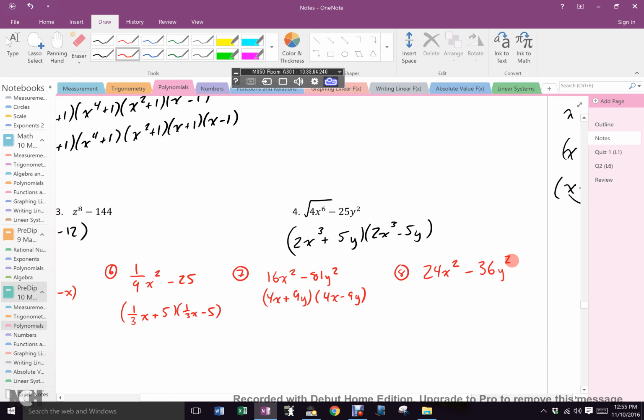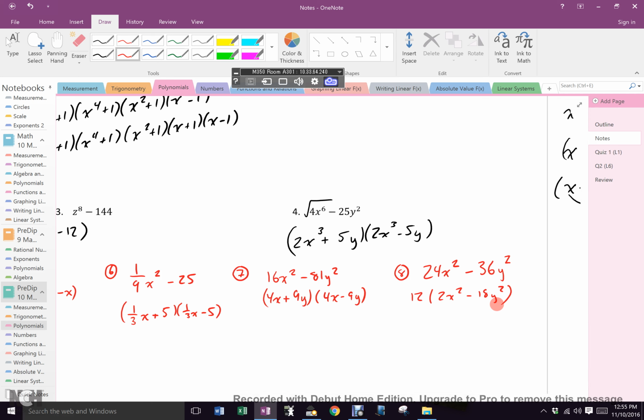Yeah. It does. What makes you think you can do it? Squared's minus, yeah? But 24 is not a perfect square. No. But 36 is. So what is the first thing I told you to try? Can I GCF that? Yeah. What is the GCF? 12, right? 12 comes out, leaving me with 2x squared minus 18y squared. Does that still look good?